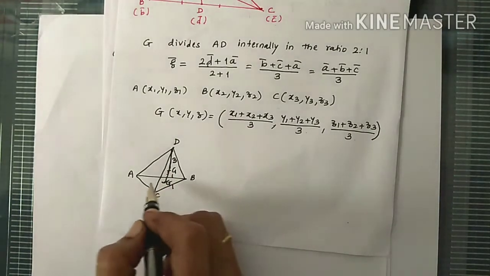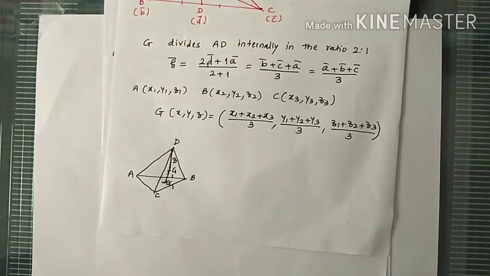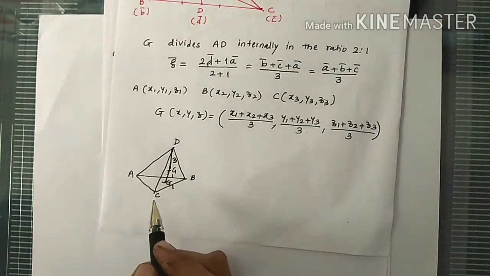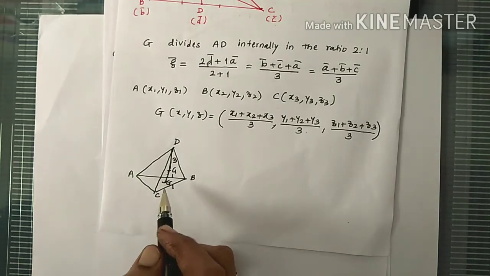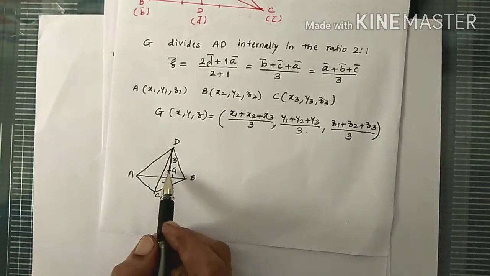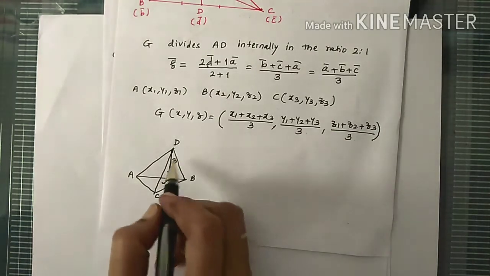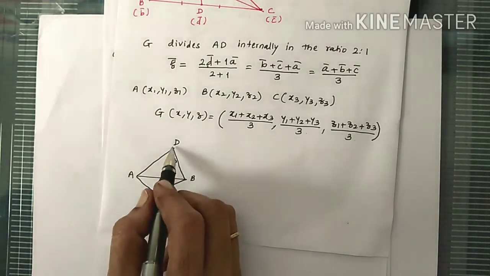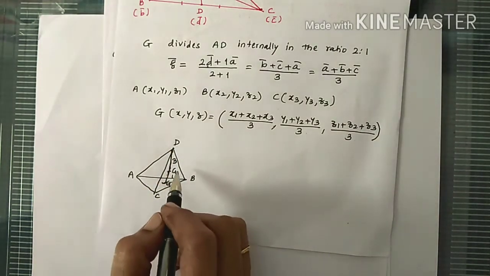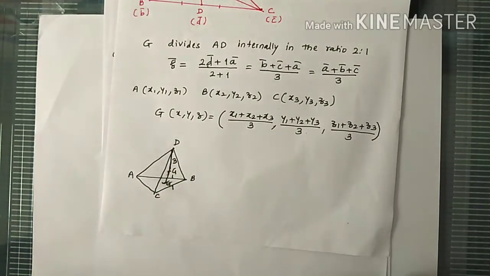We can draw all the medians, and these 4 medians are there as we have 4 vertices and 4 faces. All these 4 medians are concurrent and their point of concurrence is the centroid of the tetrahedron, and this centroid divides each median internally in the ratio 3:1.